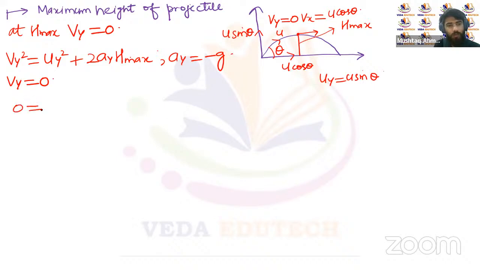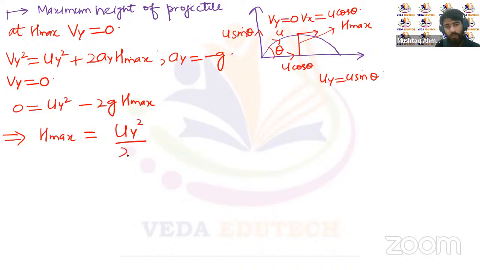So 0 is equal to Uy square minus 2g h max. From here, we can conclude that h max, the maximum height attained by this projectile, is Uy square upon 2g.